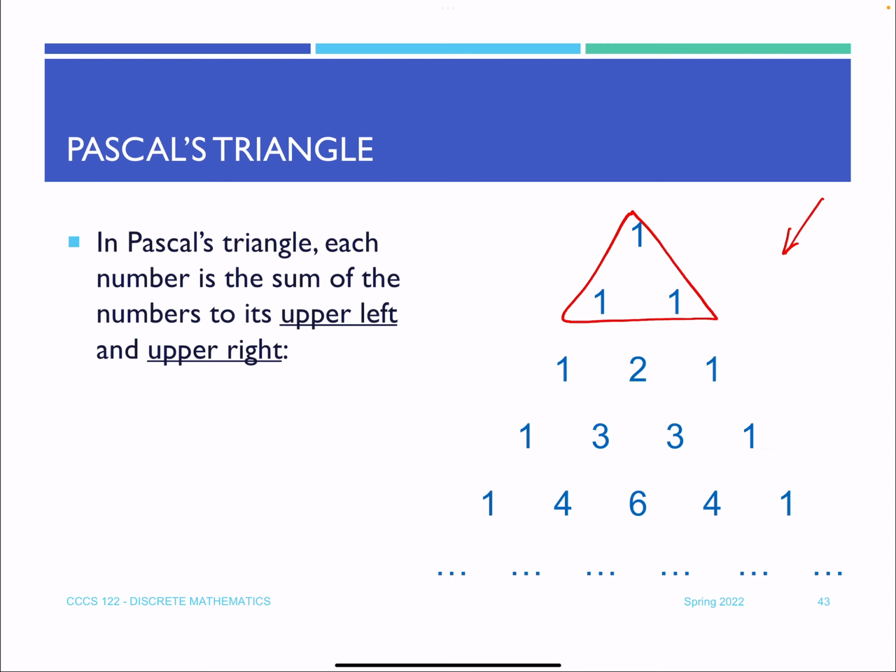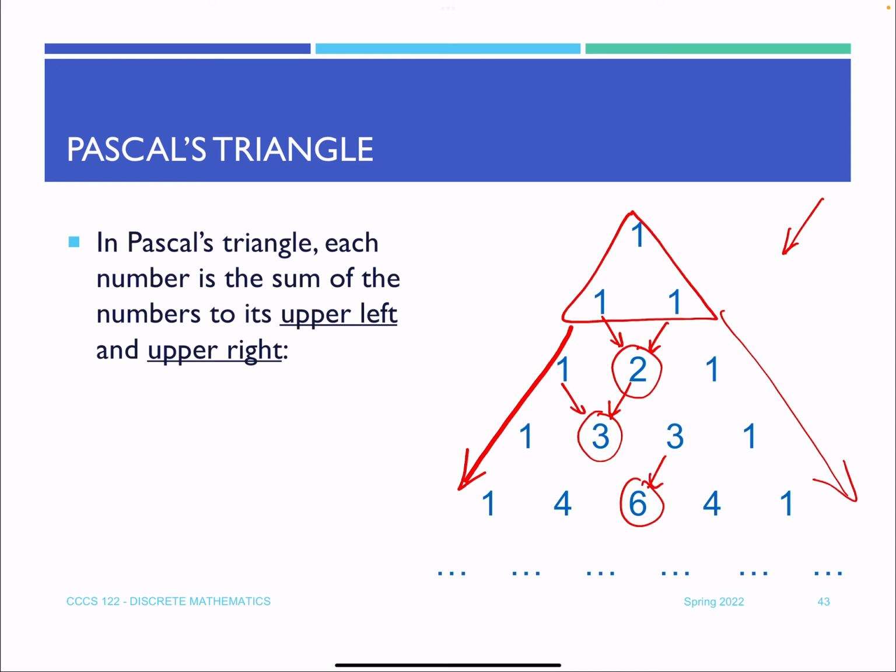We always have ones going down on the sides. So you can see over here that this 2, for example, is the sum of 1 and 1. This element 3 is the sum of 2 and 1. This element 6 over here is the sum of 3 and 3. 3 over here is the sum of 1 and 2. The 4 over here is the sum of 1 and 3, and so on. And this goes down all the way to infinity.